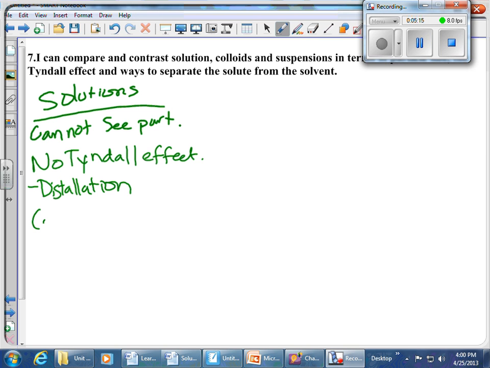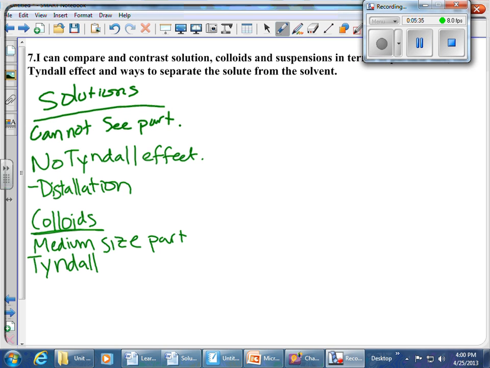Colloids are a little bit different, okay? They are that medium-sized particle. We still probably cannot see them with our eyes, so we're going to have what's called that Tyndall effect. It's going to cause a beam of light to hit those particles and you're actually going to be able to see it.